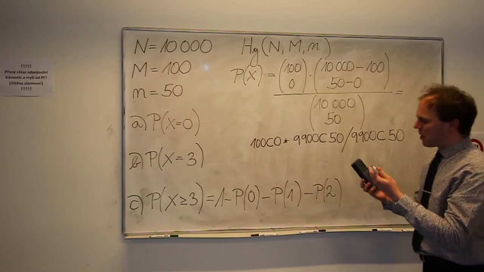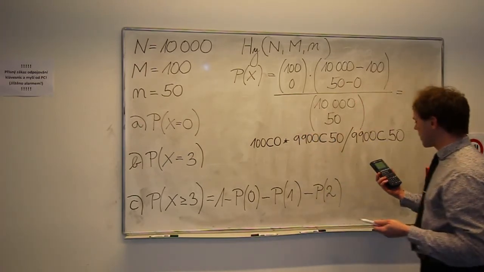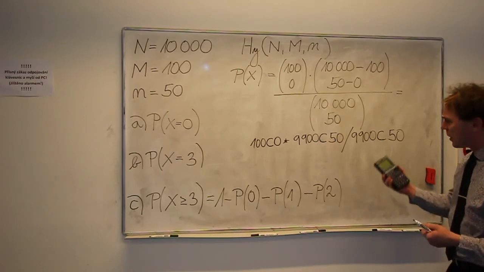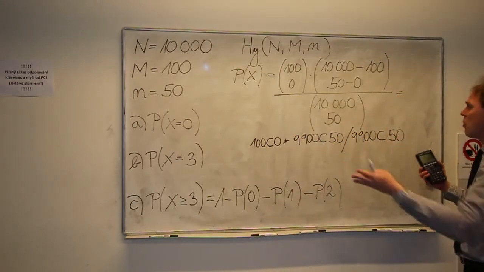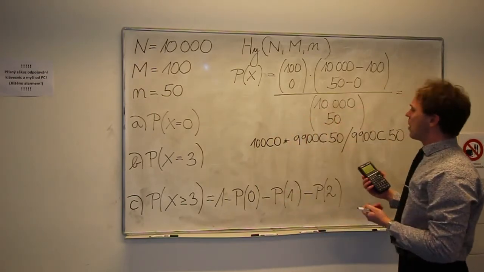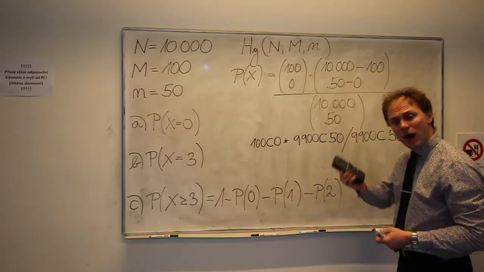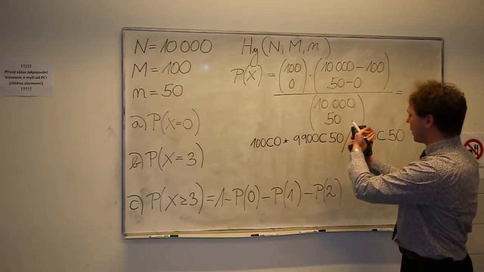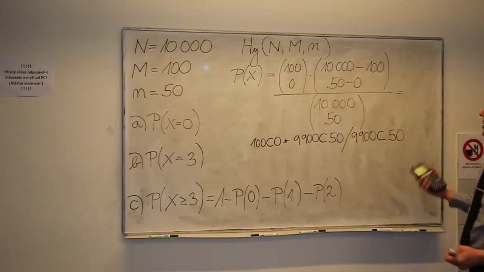And there is a mathematical error. Why is there a mathematical error? Because this calculator does not have enough memory for this calculation. It's a very large number, with an exponent of more than 100. So there is not enough memory in the calculator for solving this example.